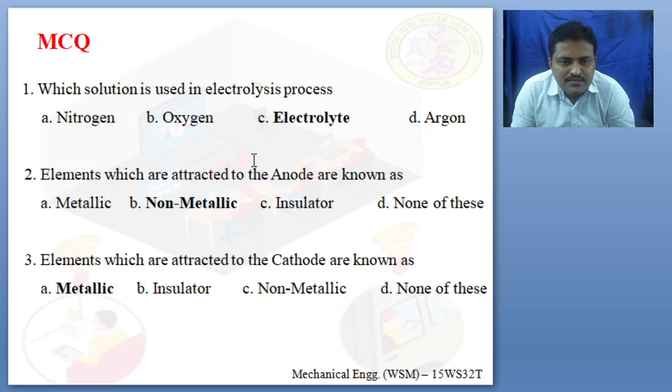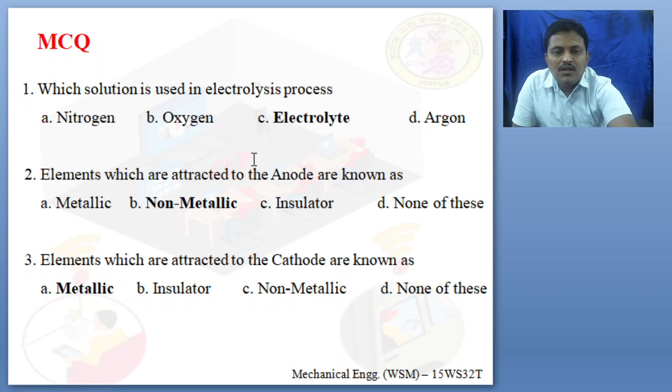So, first question: which solution is used for electrolysis process? Dear students, I am speaking about a solution used in electrolysis process. A. Nitrogen, B. Oxygen, C. Electrolyte, D. Argon.